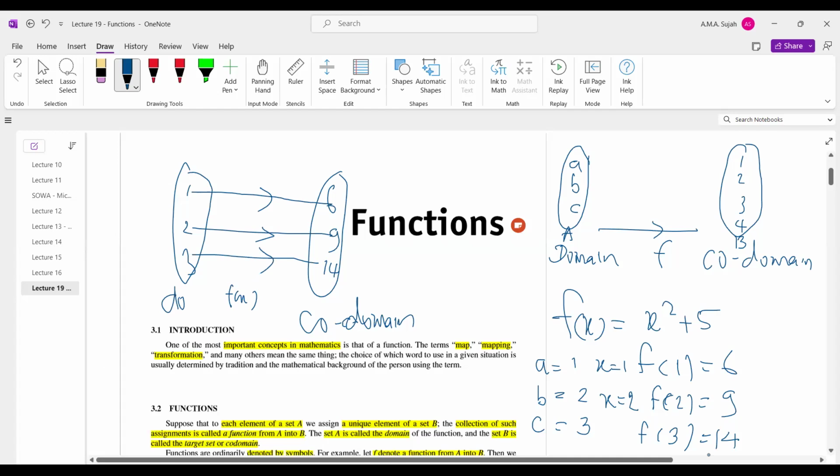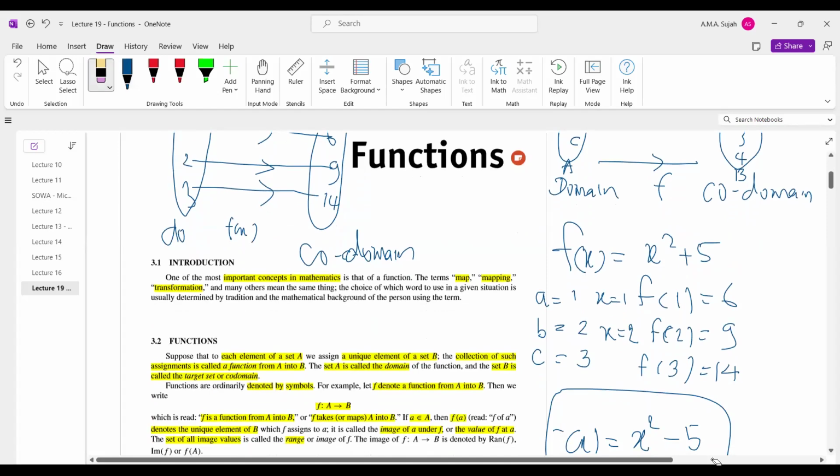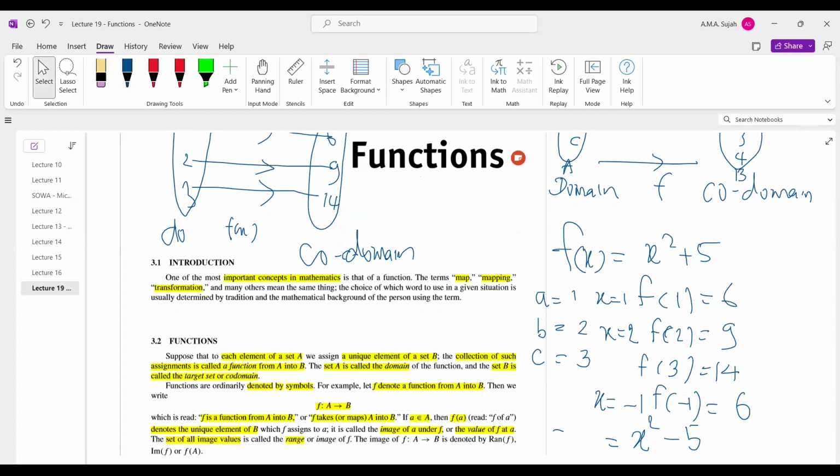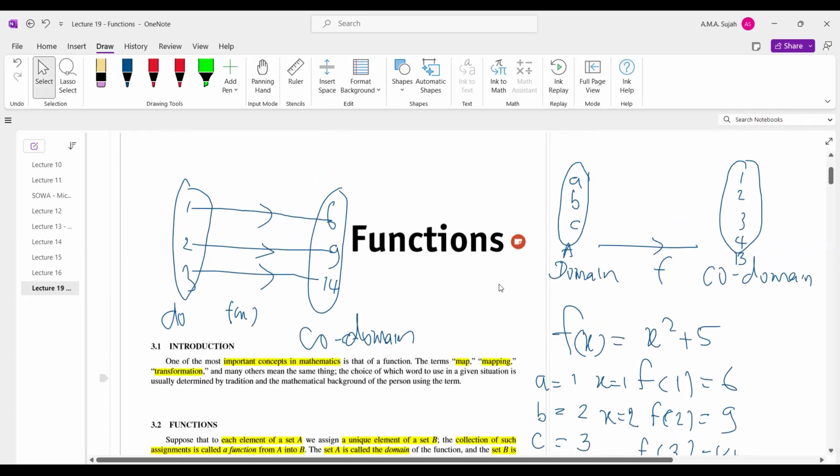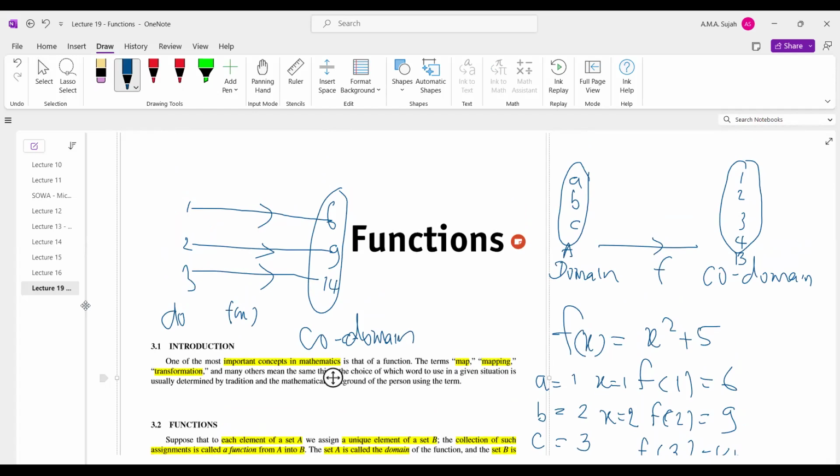Now just think about x is equal to minus 1. What will happen? f of minus 1 is equal to minus 1 to the power of 2, which is 1, plus 5, 6. So minus 1 is the input element, and if I draw this minus 1 here, that value also becomes 6.